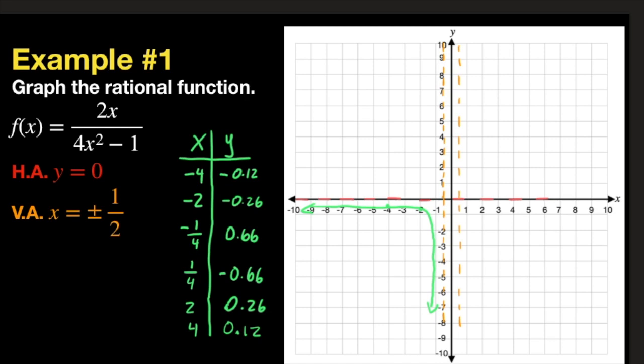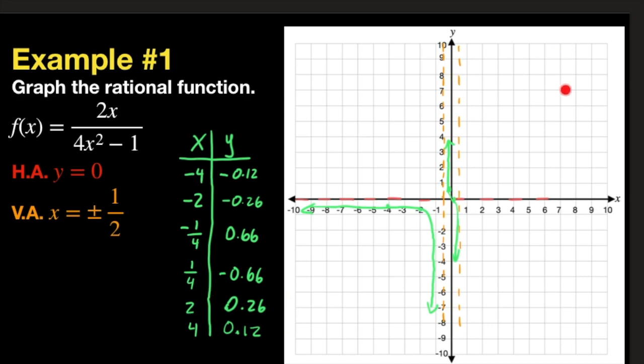Now, the middle section is interesting because at -1/4, you have a positive number. And then at positive 1/4, you get a negative number. So that means that this is actually going to cross. So that means that part of it is going to go up and it's going to keep going down on the other side. And lastly, on the right side, you see that the numbers are positive.